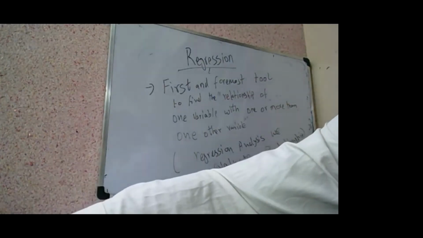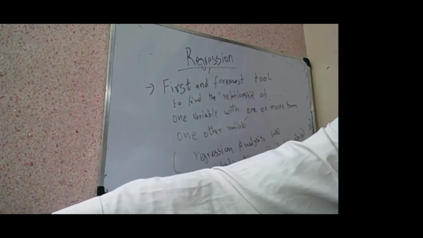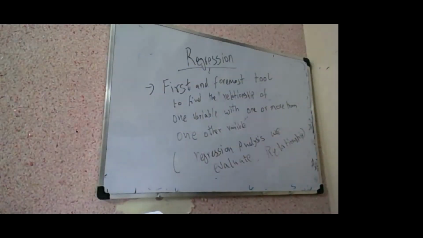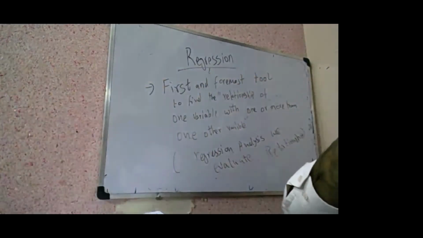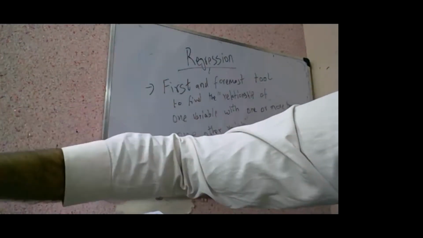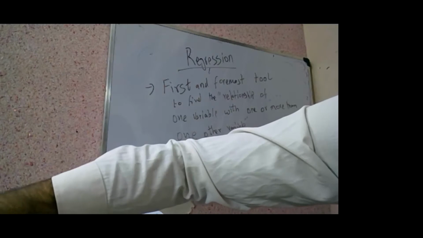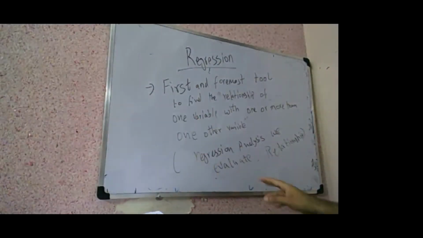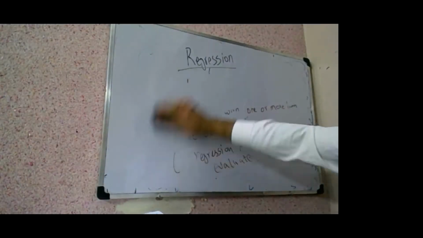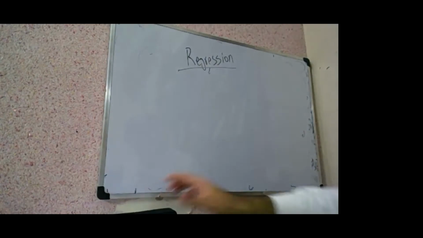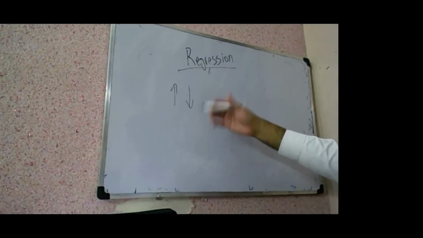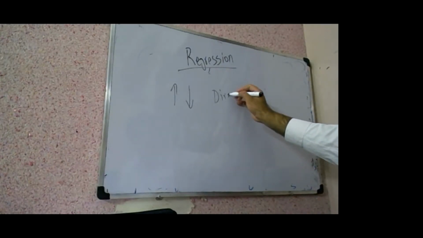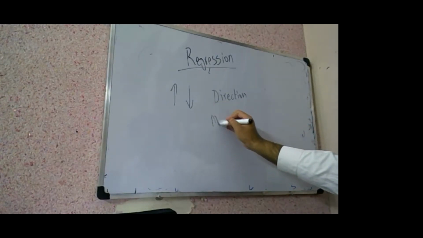Let's move a bit further. After knowing the key definition, we should know that it also shows the direction, positive or inverse, direct or inverse direction, along with magnitude.